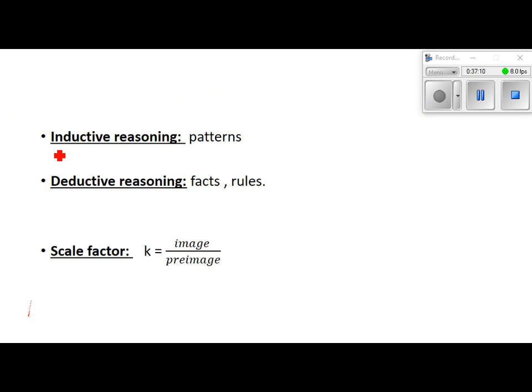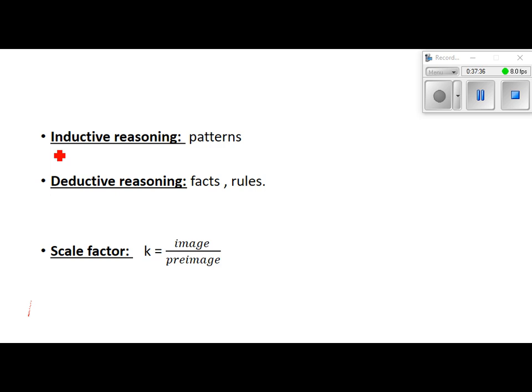Inductive and deductive reasoning. Inductive reasoning deals with patterns. Deductive reasoning deals with facts and rules. Not putting a whole lot up here about chapter 2. All this just sort of goes together. Inductive reasoning, patterns.